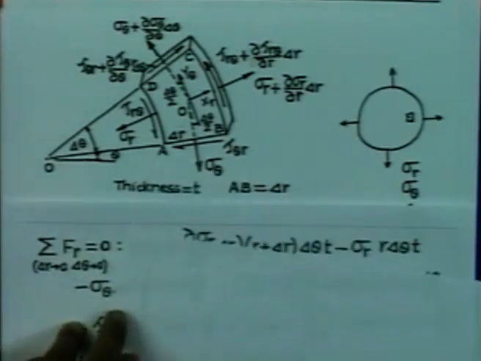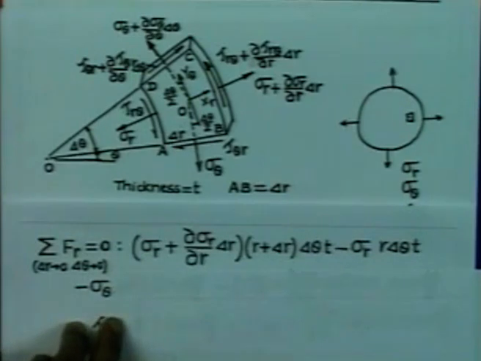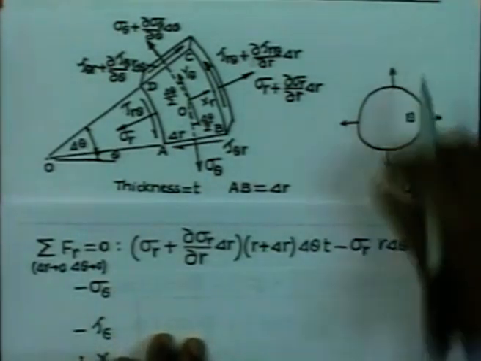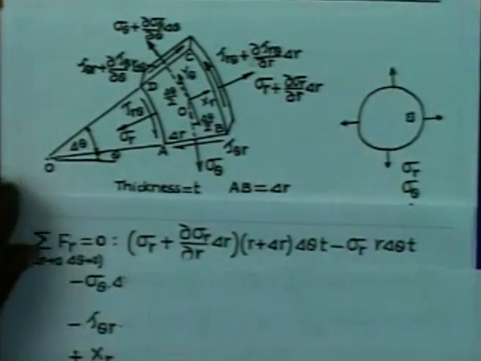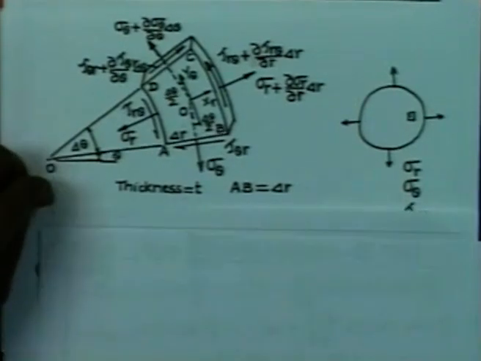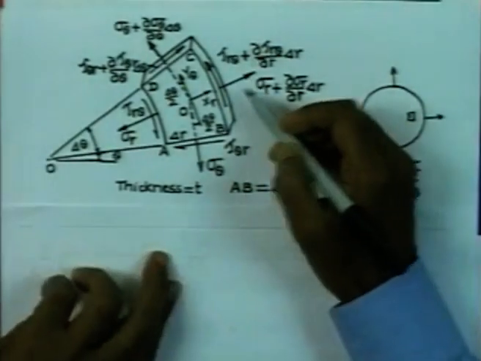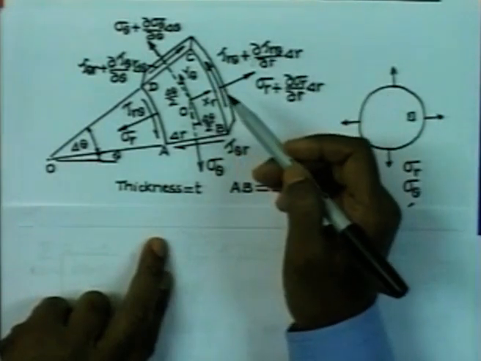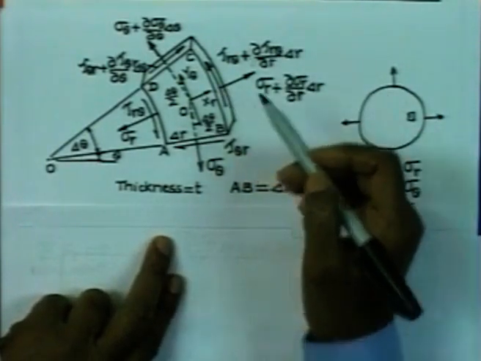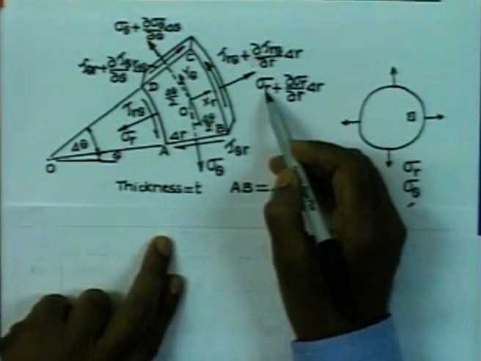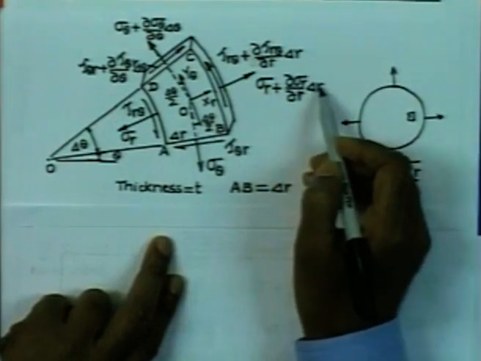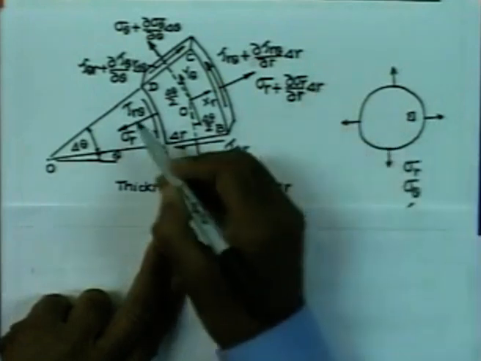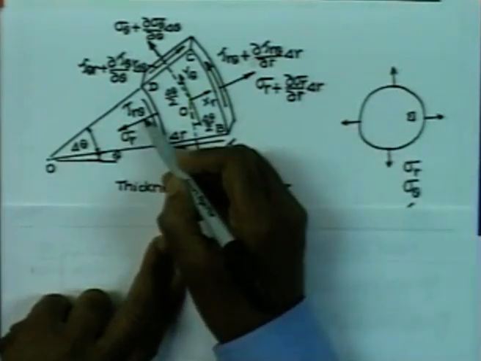Now, if we consider the forces that are going to come up here, we will have the contribution in the radial directions coming up from sigma r plus delta sigma r, and this sigma r.